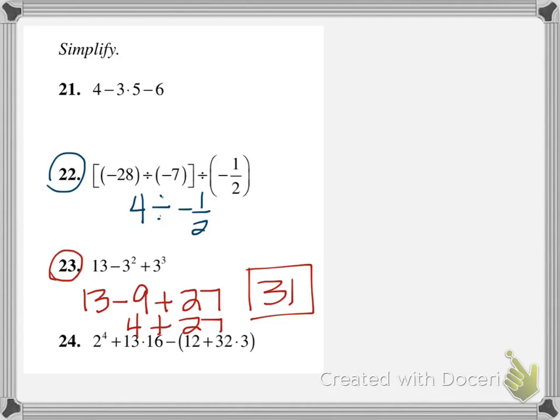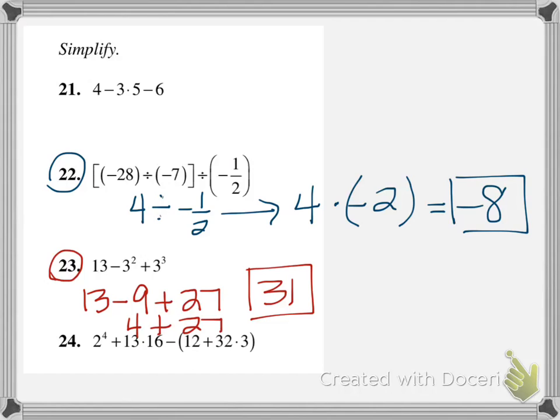So recall, when you're dividing fractions, you actually have to multiply by the reciprocal. The reciprocal of negative 1/2 is going to be negative 2 over 1, or just negative 2. 4 times negative 2 is negative 8. Now, the only reason why I put parentheses in there was so that it didn't look like a subtraction sign. I didn't want to get confused there.